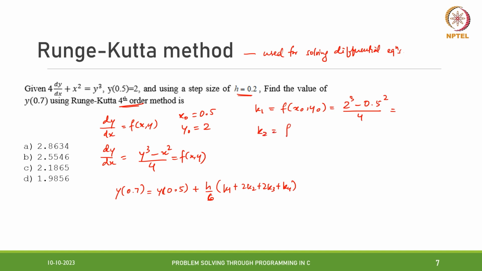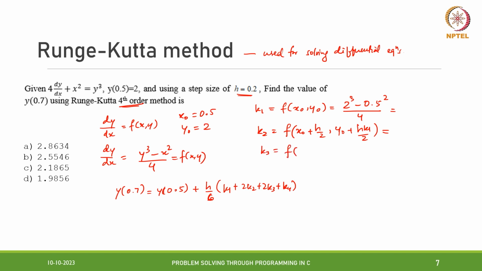Then k2 will be f of x naught plus h by 2 comma y naught plus hk1 by 2. Okay, so similarly you can calculate this by putting in (y naught plus hk1 by 2) whole cube minus (x naught plus h by 2) whole square, whole divided by 4. So you can calculate this.